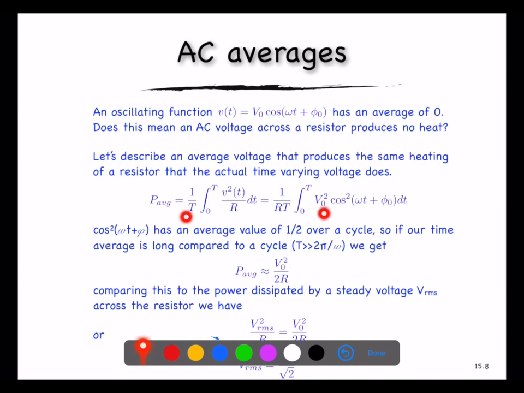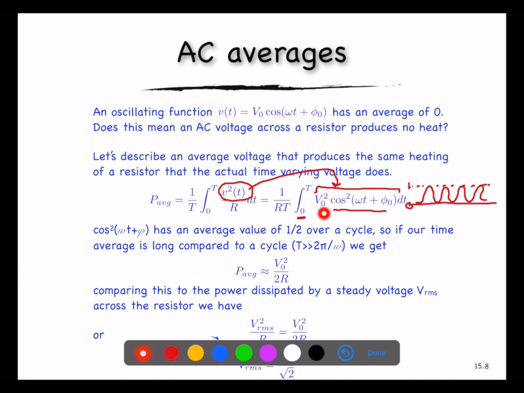Okay, so as we do that, we can replace our v of t with our expression V naught cosine(omega t plus phi), and because it's squared, each of those parameters gets squared. And then as we integrate this quantity, we're integrating over a cosine squared, right? So cosine squared is always positive. It's a square of a number, so it oscillates between a maximum value of 1 and a minimum value of 0.